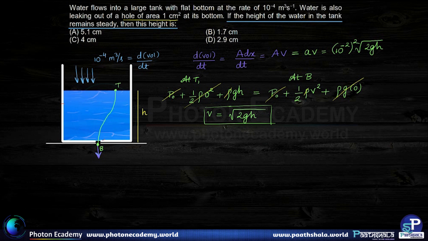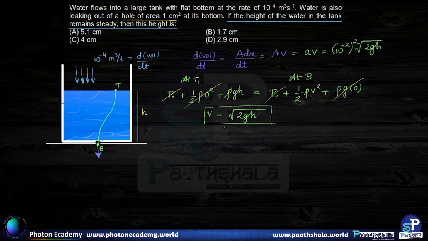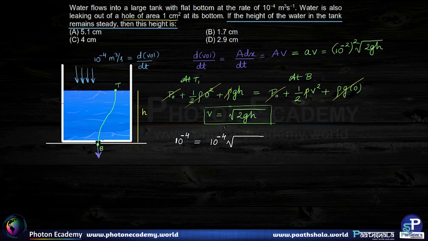Now only if the rate of inflow matches the rate of outflow, in that case the height is going to remain constant or stationary. This we have already understood. Writing down the equations, equating the rate at which water is incoming, which is given to be 10 raised to minus 4, with the rate of outflow, which is 10 raised to minus 4 into under root of 2gh.